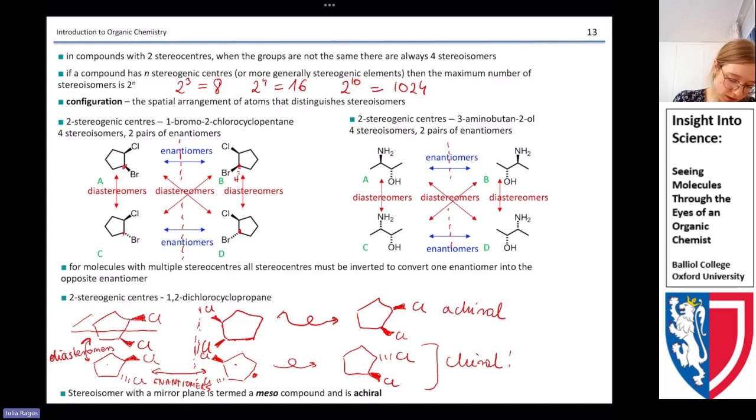And same goes on the diagonal. We again have diastereomers. So just to repeat, the compound with a mirror plane, or a stereoisomer with a mirror plane, is termed a meso compound and is achiral, meaning it doesn't rotate the plane of plane polarized light.